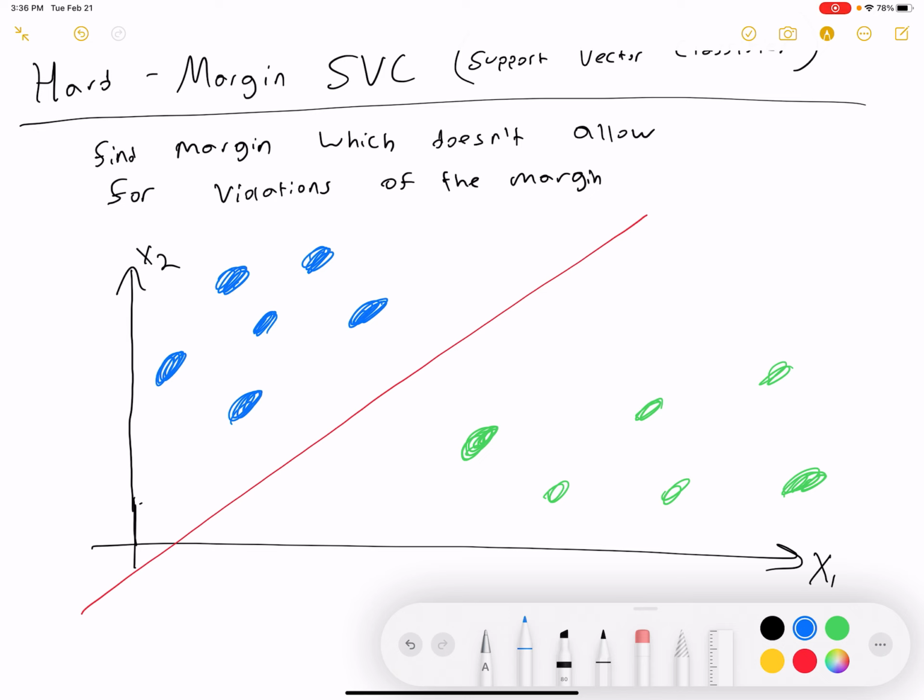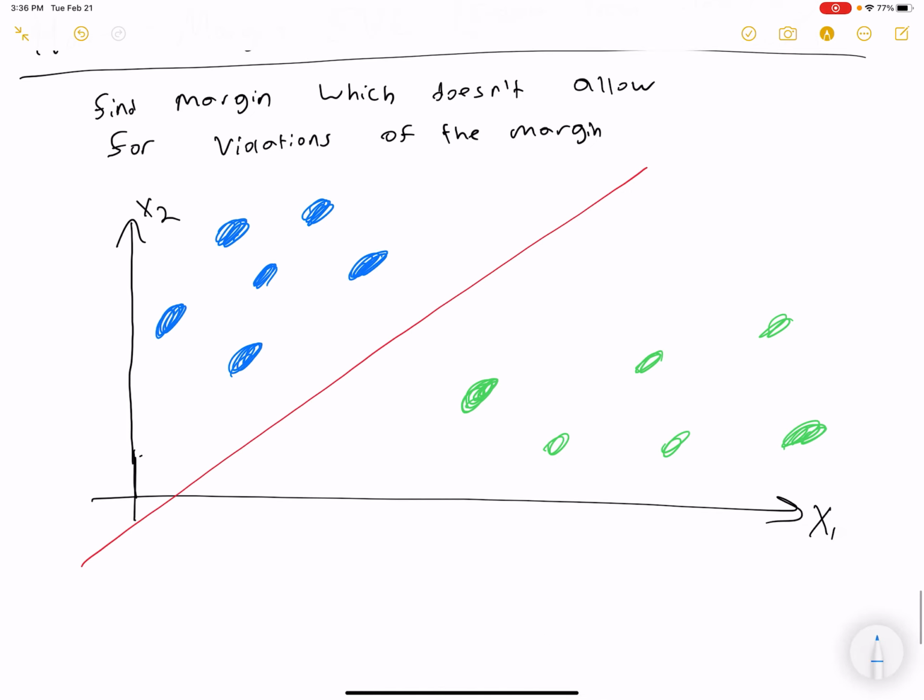So in support vector classifiers, one standard that gets a little confusing is that instead of labeling the labels in binary classification as ones and zeros, we label them as +1 and -1. And the reason is really just for mathematical convenience. It makes some of the equations later on more convenient.